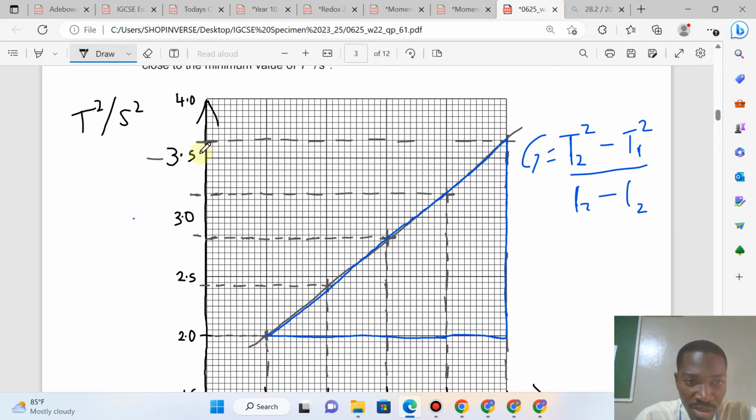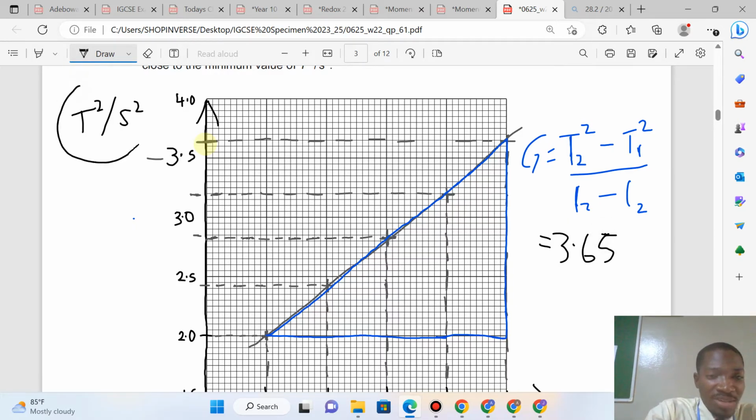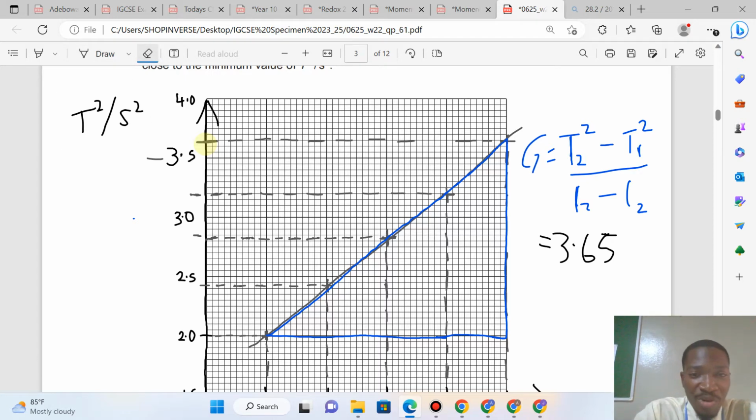This is 3.5, 3.55, 3.6, this is 3.65. So we'll have 3.65. You are not going to square it. Why? Because this is the T squared axis, so the value has already been squared from your table. Remember, let me just erase every part of this graph that we do not need.